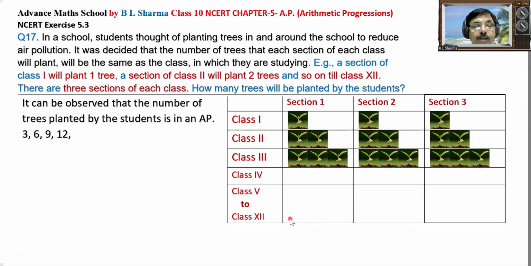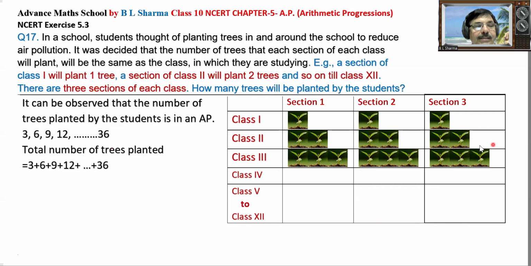Similarly, class 12, each section will plant 12 trees. So 12 + 12 + 12 means 36 trees. All 3 sections. इन सबको ऐड करना है आपको. So 3 + 6 + 9 + 12 up to 36.